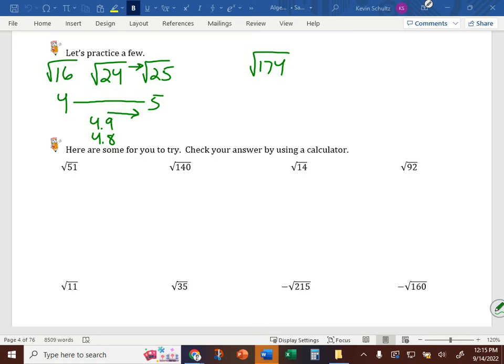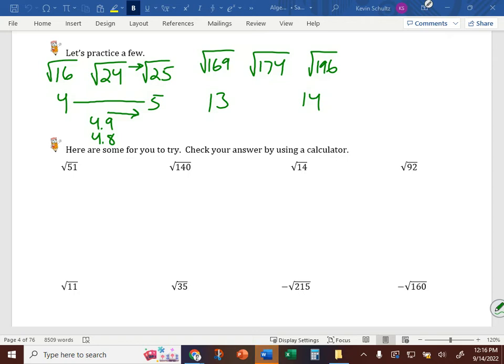Again, we're going to want to look for those perfect squares on either side of it. So look at your table, and where does 174 fall? What two perfect squares is 174 between? Okay, so those are the root values, right? But the actual numbers themselves, the root of 169, which is 13, and the root of 196, which is 14.